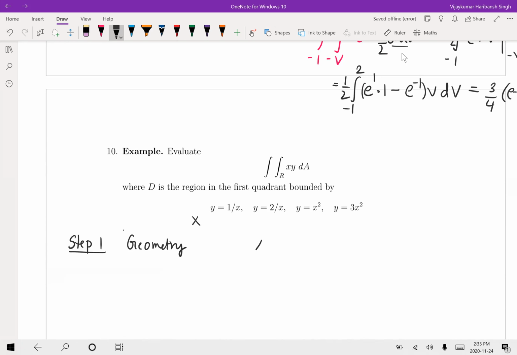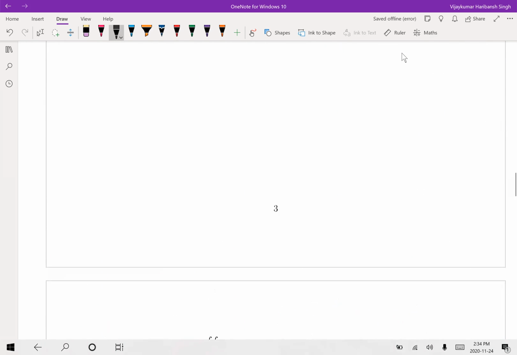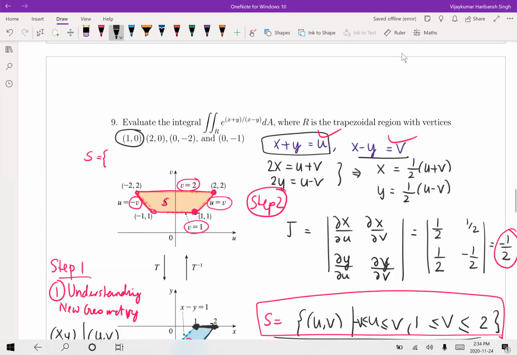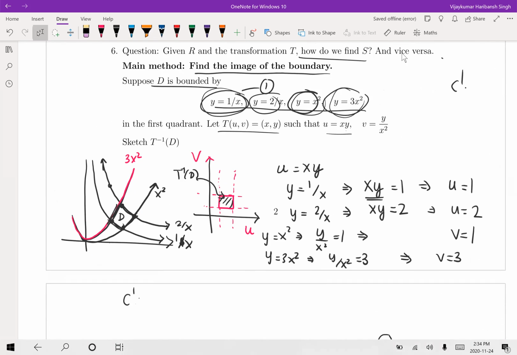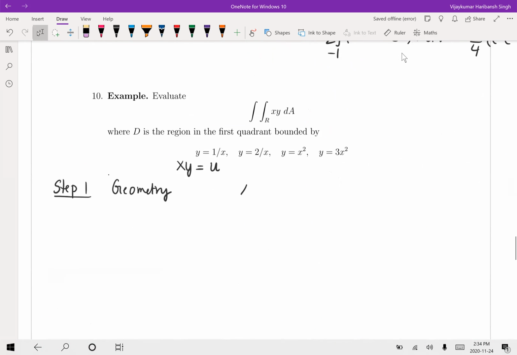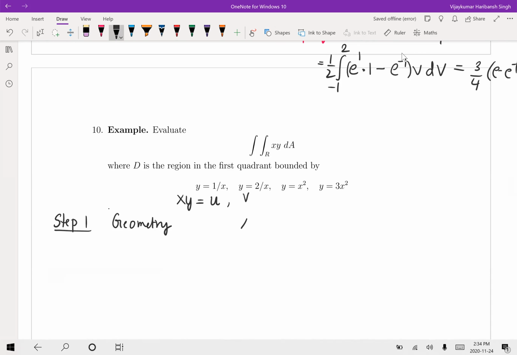Again, I'm going to write it for the sake of completion: xy equals u, and we wrote v equals y by x squared. So xy equals u and v equals y by x squared.